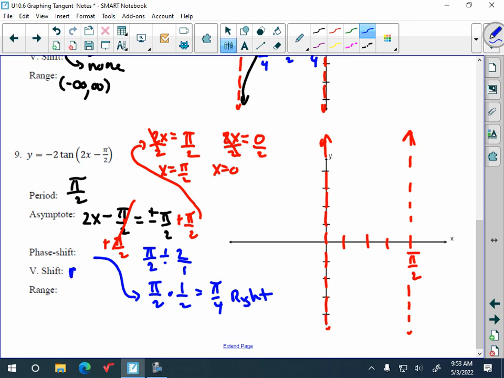Vertical shift is none. Range is negative infinity to positive infinity. Then let's label each of those tick mark values. We take pi over 2, multiply it by a half, so that's pi over 4. Multiply pi over 4 times a half, that's pi over 8. Take pi over 8, multiply by 3, 3 pi over 8.